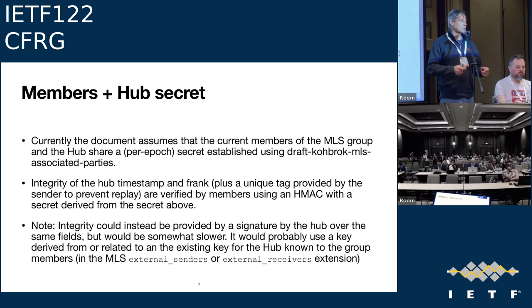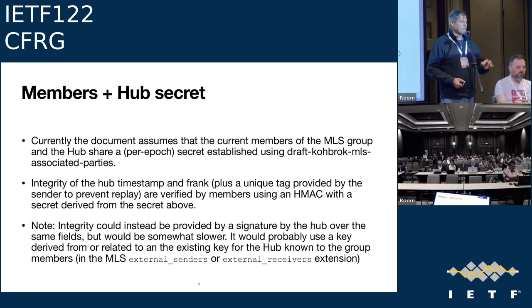So there is a shared secret which is available on any given epoch, and it doesn't include someone who used to be in the group or will be in the group later. But when a person is added to the group, they suddenly get that particular epoch's secret.